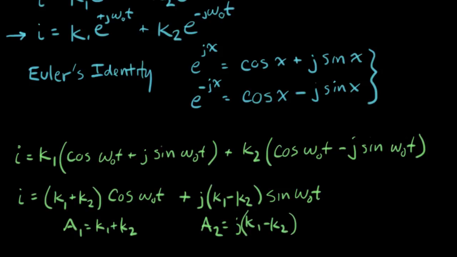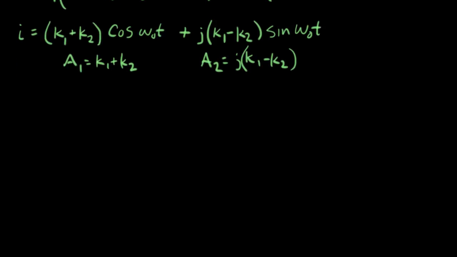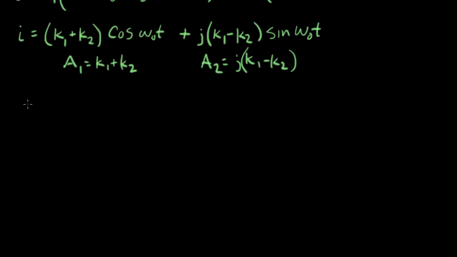And now I can rewrite this as I equals A1 cos omega naught t plus A2 sine omega naught t.